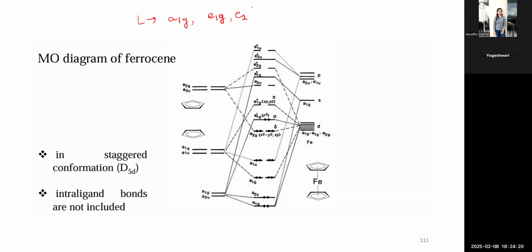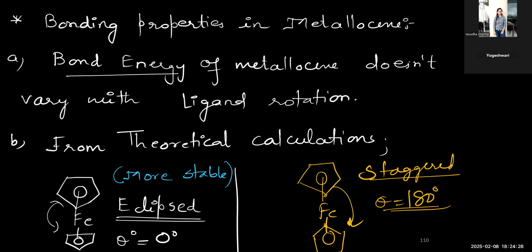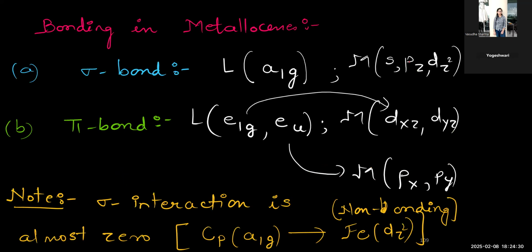E1U we saw, and here A2U also. If you see that here, A2U of the ligand makes a bond with PZ. So A2U of the ligand with the PZ of the metal.